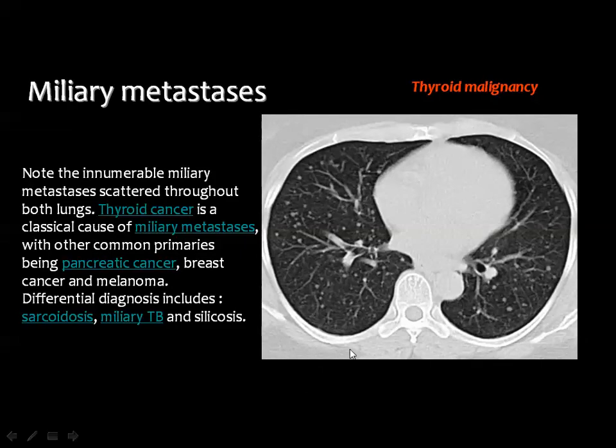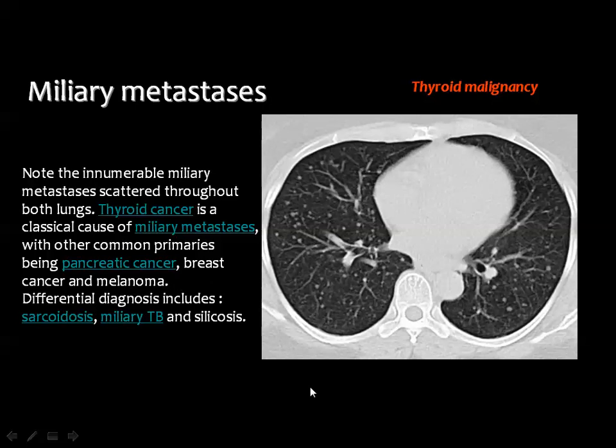Then if you see random distribution and the nodules are less than 3 millimeter or more than 3 millimeter, consider the possibility of metastasis, particularly if you know that the patient had a primary malignancy. And it is well known that thyroid cancer is one of the most common causes of miliary deposits in the lung. Also, you consider pancreatic cancer, breast cancer, and melanoma.